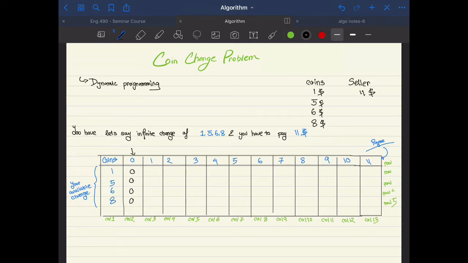Next, the seller wants $1 from you, and for this case you have only $1 coins in your pocket. So to give him $1, you have to give him one $1 coin, so we would have 1. Up next, he is asking you for $2. You have only $1 coins, so you would be giving him 2.